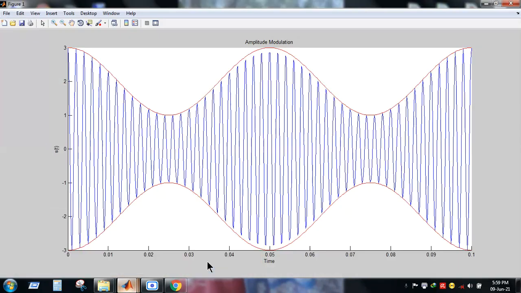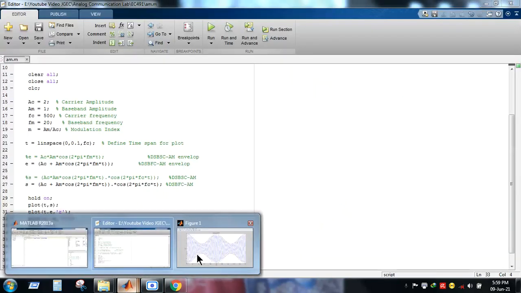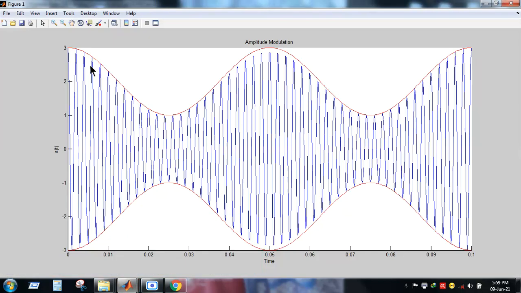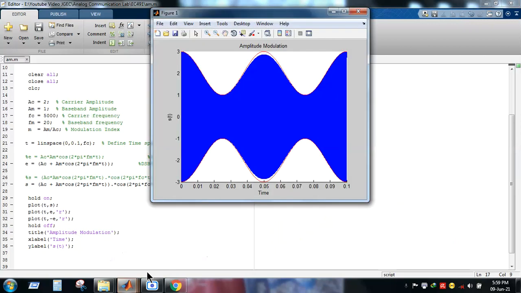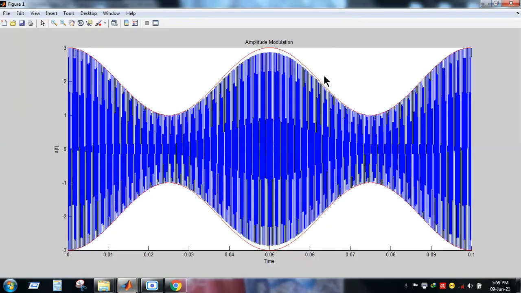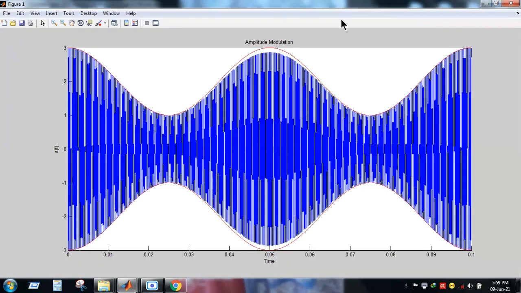You can see that this is the DSBFC signal. Now suppose you change the corresponding frequency. Then it will look like this.